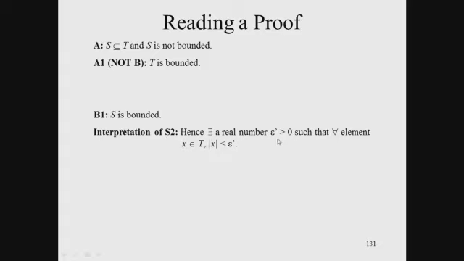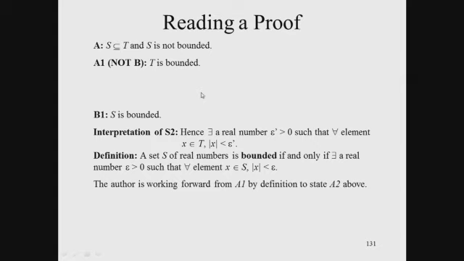Hence, there is a real number epsilon prime greater than 0 such that for every element x in T, absolute value of x is less than epsilon prime. Where did that statement come from? Through definition. That is exactly the definition of the set T being bounded.